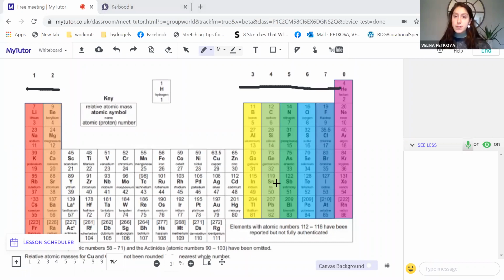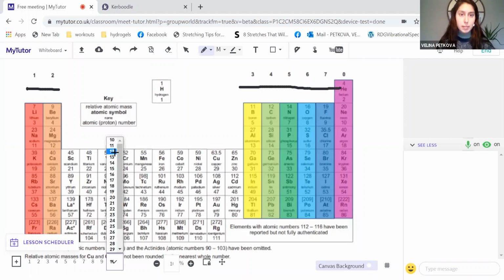It is the number of electrons in your outer shell. Brilliant, okay? And so elements in the same group tend to have similar chemical properties because they have the same number of electrons in their outer shell. So it's really important to remember that the periodic table is arranged in groups, and you've got your periods that go horizontally.